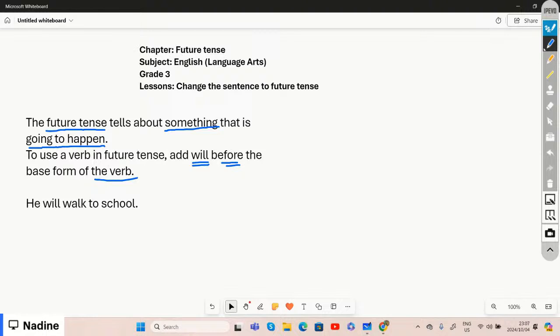If we look at an example of a sentence where we use future tense, it says, he will walk to school. Walk is our verb. So basically, we had to add will in front of that verb. He will walk to school.